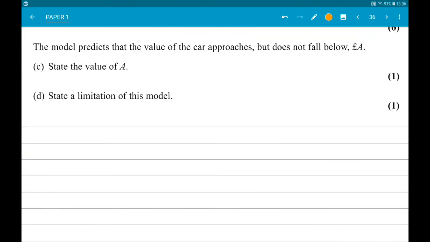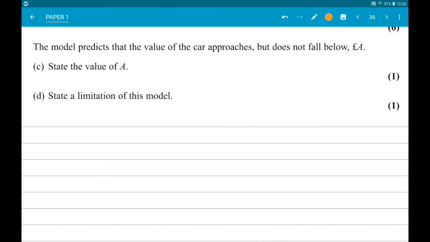The model predicts that the value of the car approaches but does not fall below £A. State the value of A. So, because the exponential has a negative power, as t increases, it gets smaller and smaller and smaller, it tends to 0.